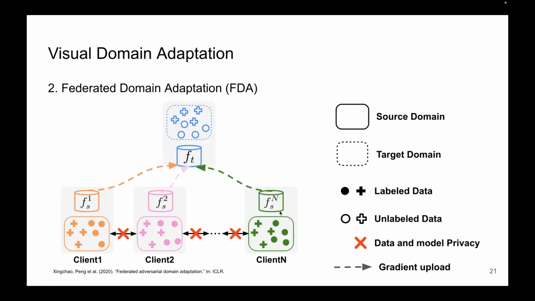We have N clients in total. Then the assumption is that we won't be able to share samples across these clients. Then how could you leverage information together and still train a model on the server, which can be used to do classification for the target domain? This is the setting of federated domain adaptation.